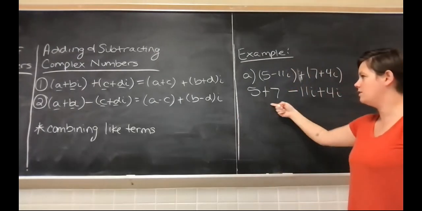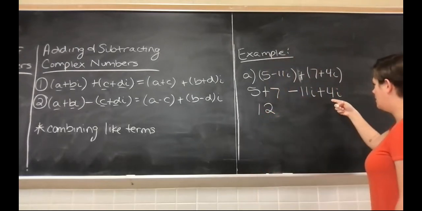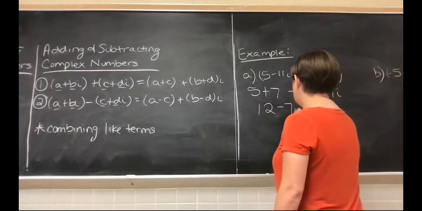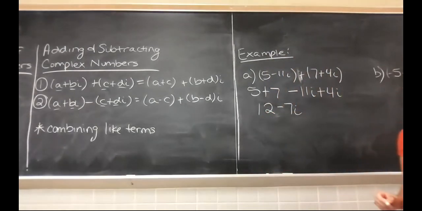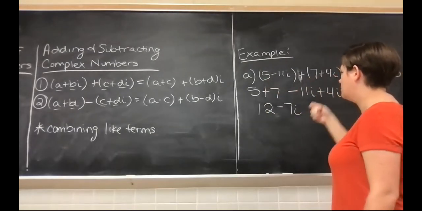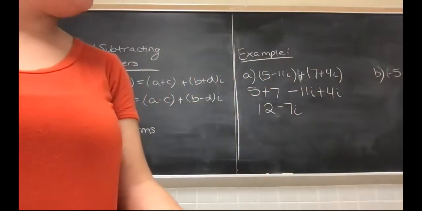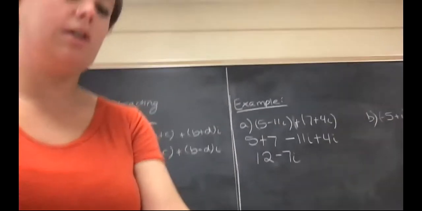So now I add these parts. So I get 12, and negative 11i plus 4i is minus 7i. I took out the real parts, and then I added or subtracted the imaginary parts, whichever way you like to look at that. And that's all I did.